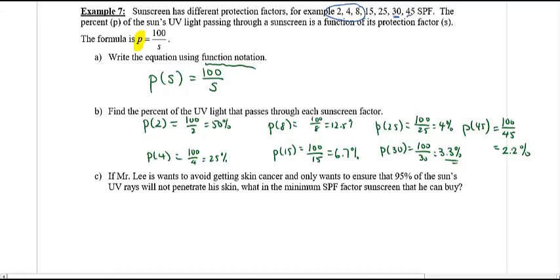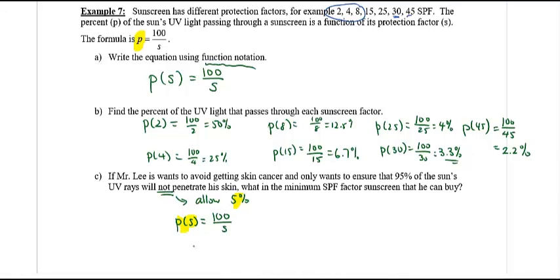Now, if I want to avoid getting skin cancer and want to ensure that 95% of the sun's UV rays will not penetrate my skin, what is the minimum SPF factor sunscreen that I need to buy? If I want 95% of the sun's rays to not penetrate, that means I am willing to allow 5% of it to go through. So using the formula P of S equals 100 over S, I'm okay with P of S being equal to 5.